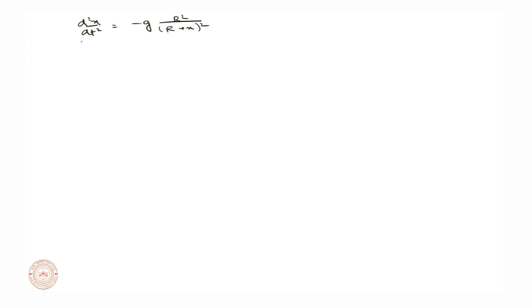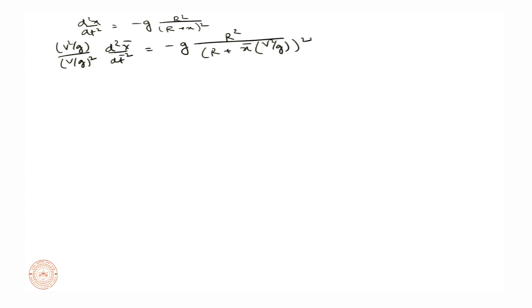We had x bar as x g by v square, so it will be v square by g divided by v by g whole square, d square x bar by dt bar square equals to minus g r square over r plus x bar into v square by g whole square.